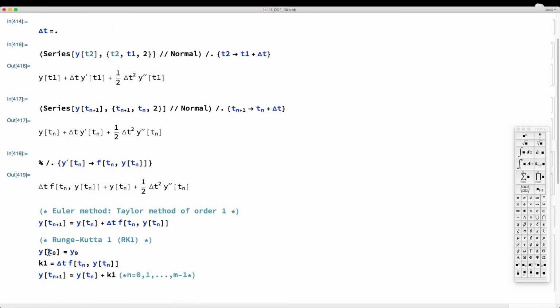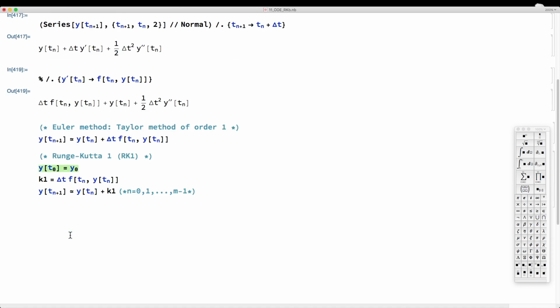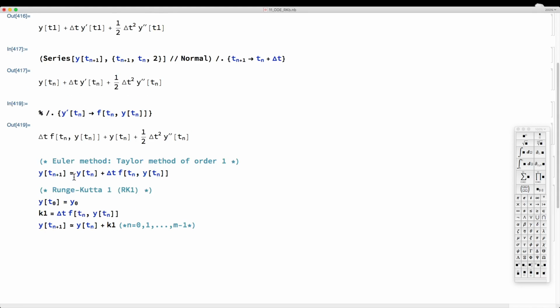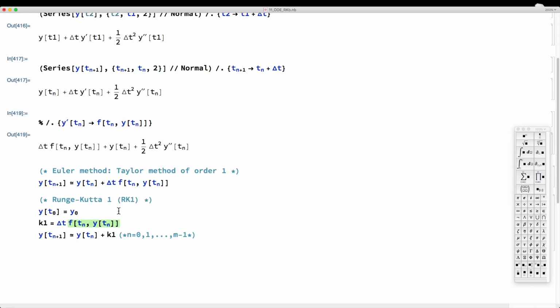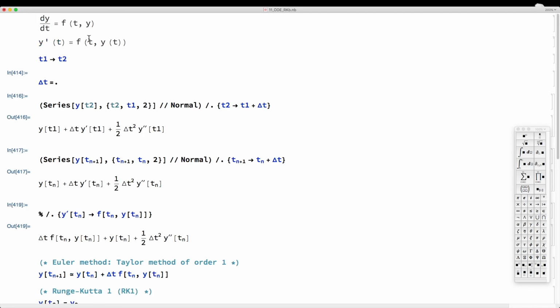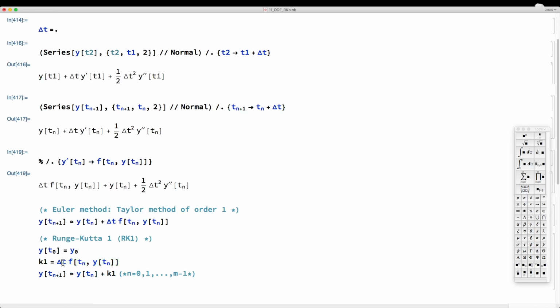So let's assume that we start from some initial time t0, and the value initially of y is y0. That's the first value of y, the first time step, and then we can compute the derivative y dot, which is given by f according to the differential equation, and multiply by delta t to compute this term.